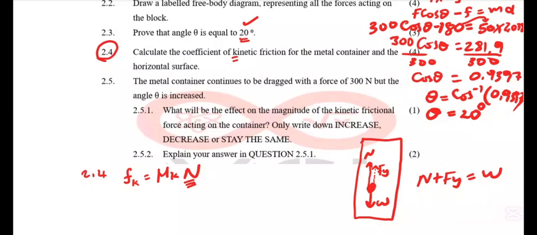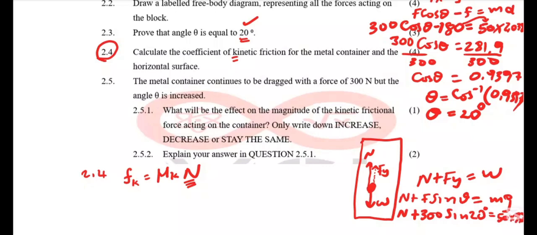So the normal force is what we are looking for, but Fy is F sine theta, remember theta is 20, equal to mg for the weight. So we will find the normal force by substituting 300 sine in place of theta, that 20 we had, then in place of mass, 50 times 9.8.